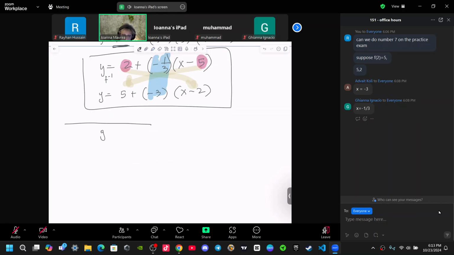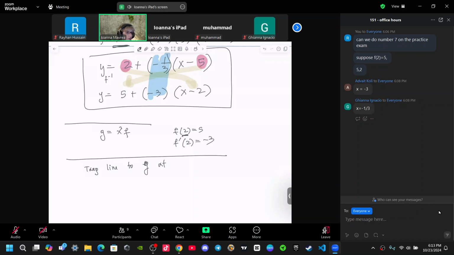So G again was x to the 3rd times f. We're told f of 2 is 5, and f prime of 2 is equal to -3, right? So in order to find the tangent line to G, it can only be at 2. Oh, so 1?